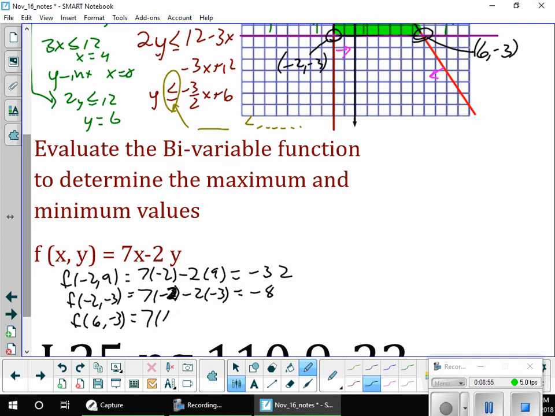And then if I do the other one, 6 and -3, I get a 42 plus a 6, I get a 48. So now, all I gotta do is figure out what's my max or min from those. Well, the 48 is the only positive number, so it's definitely the max. And when I look at my negative numbers, the more negative is my min. So there's my max and my min.